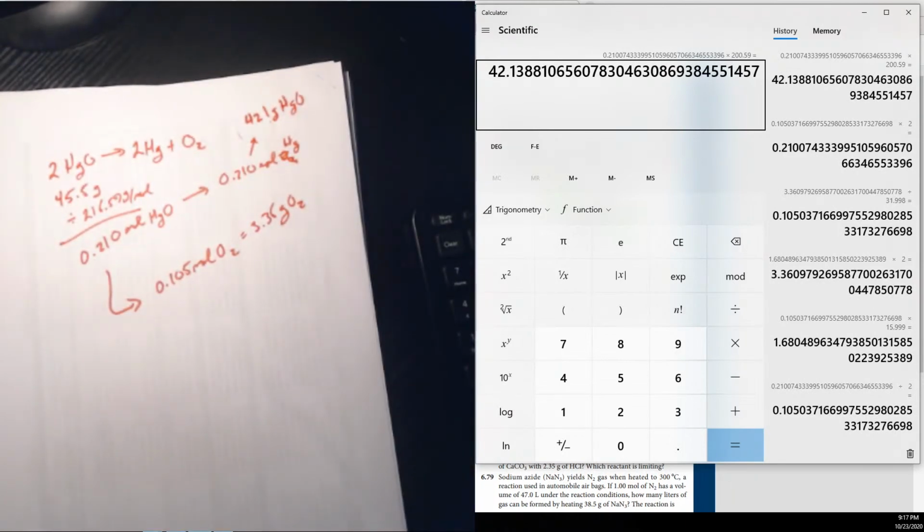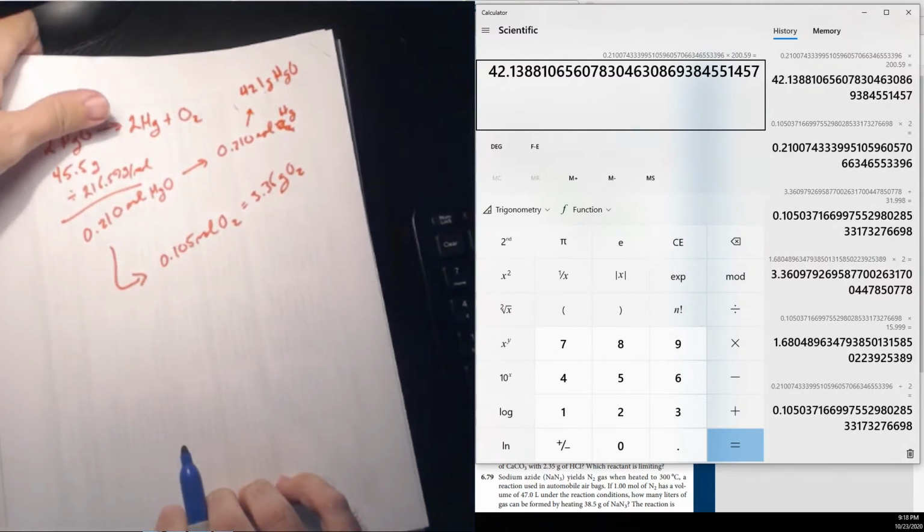All right. How many grams of mercury oxide would you need to obtain 33.3 grams of oxygen? Okay. Well, oxygen, when you make it a liquid, is blue.